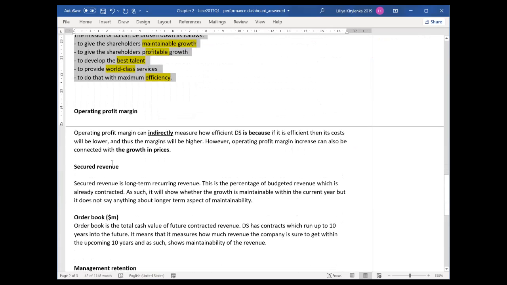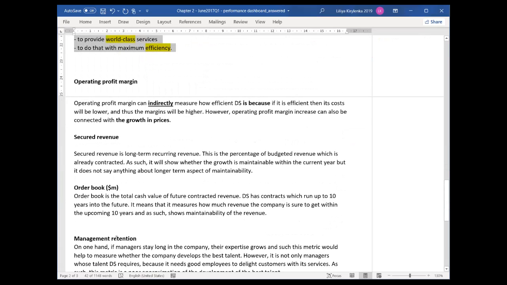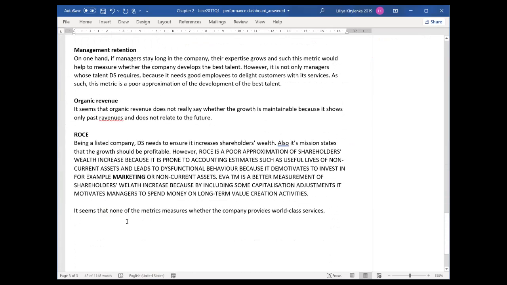And then we have 1, 2, 3, 4, 5, 6 metrics, and the 7th paragraph saying that there is no measure for world-class services. So this is more than enough for this part of the question. And please make sure that you understand how this part is answered, because it is tested quite often.